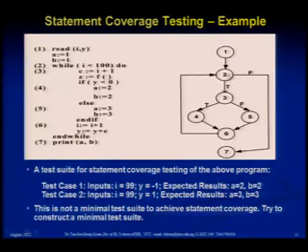In order to go through here, now my path is 1, 2, 3, 4, 6, 2, 7. I have to make this condition satisfied. If it's not satisfied, you will go to here. So I have to ensure that this condition is satisfied. That means I have to choose a value, I less than 100.